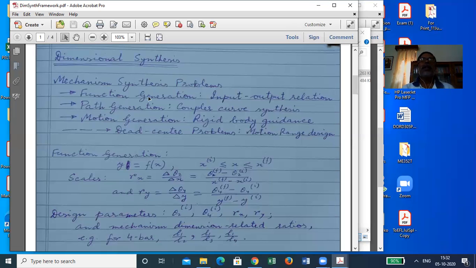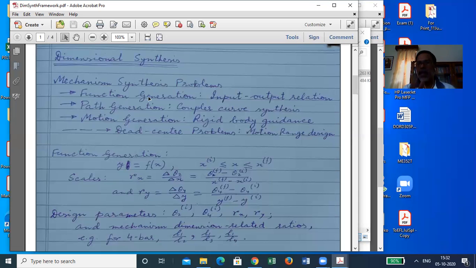So typically you can give input as constant speed input. So theta 2 of t you can give as omega 2 t plus constant, omega t plus constant. That is a kind of input that you can give most easily.